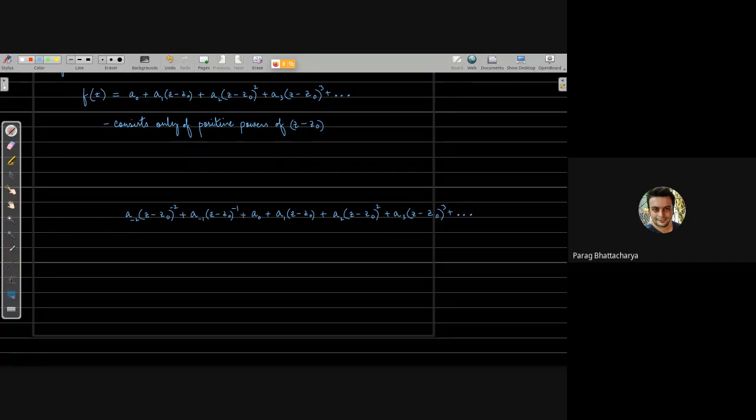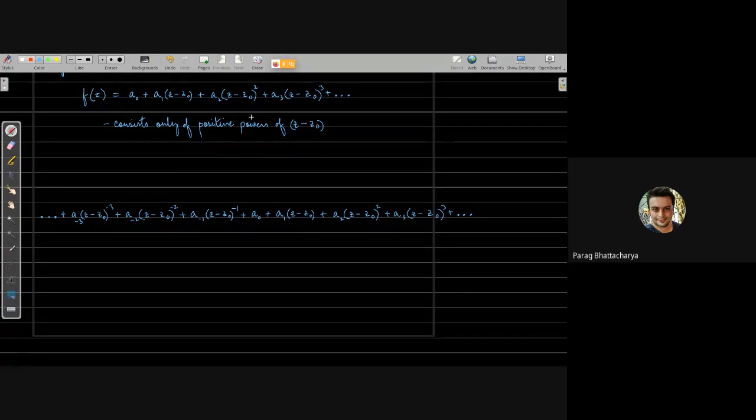In a similar way, we will have a minus 3 into z minus z naught to the power minus 3. The Taylor series extended towards positive infinity, but this is going to extend in the other direction as well. The Taylor series had a starting point, the constant coefficient, but this series extends both ways.